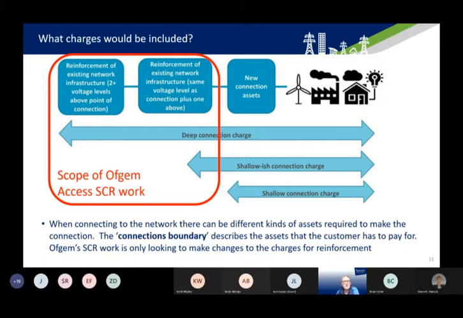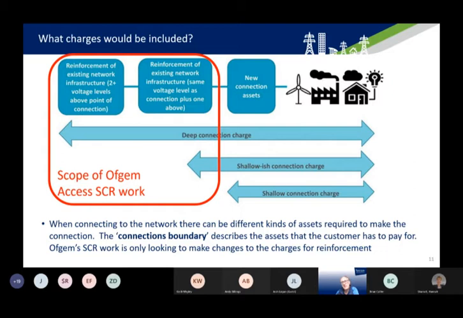So deep connection charges, which we don't really have in Great Britain now, but we used to have, basically means that the customer connecting pays for everything. It pays for the new connection assets, it pays for reinforcement at the same voltage level as the one above, and it pays for all reinforcement basically all the way through.